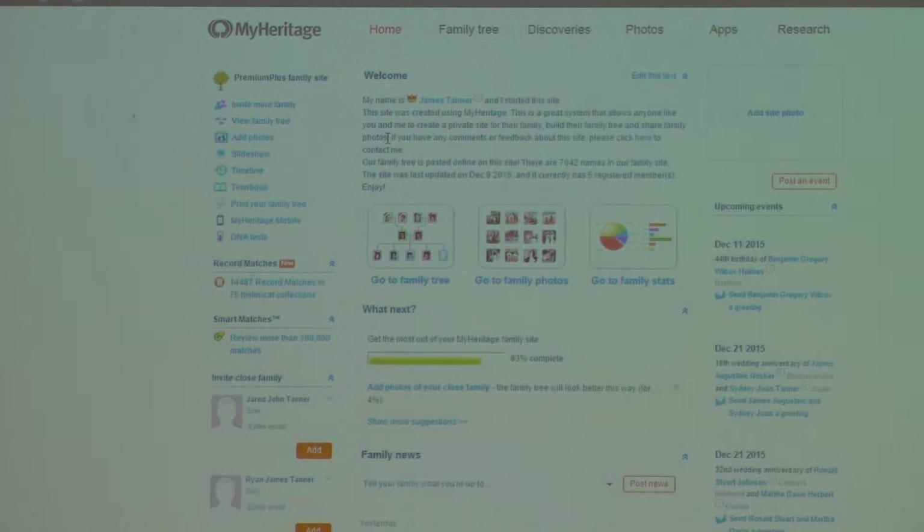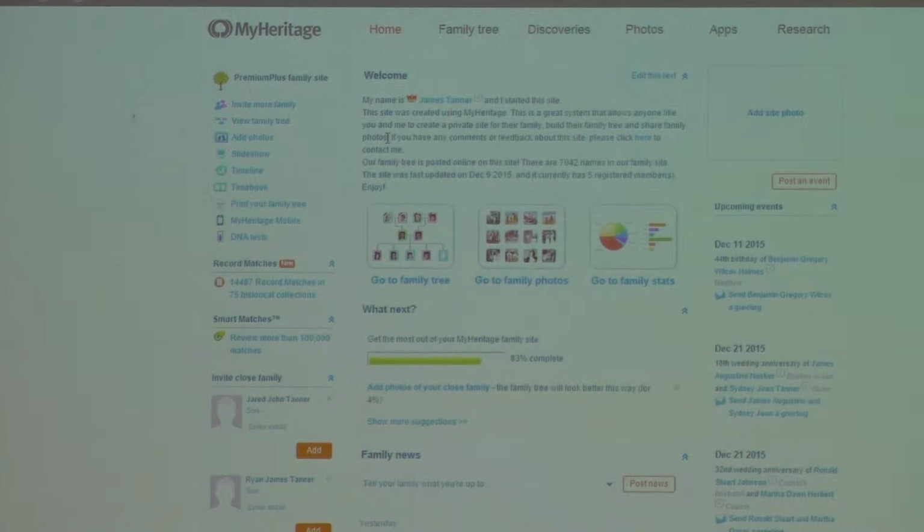If you think about it, everything I say about MyHeritage is going to apply to FamilySearch, to Find My Past, to Ancestry, or any other program out there. We're going to make the same approach doing this.